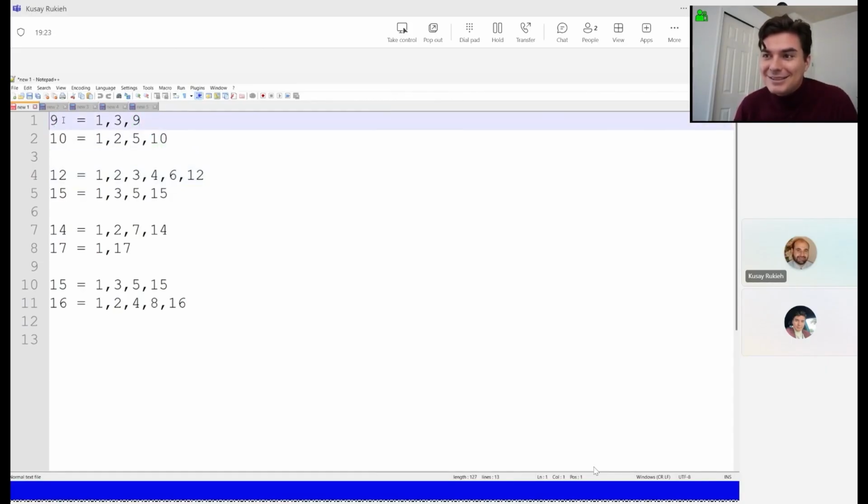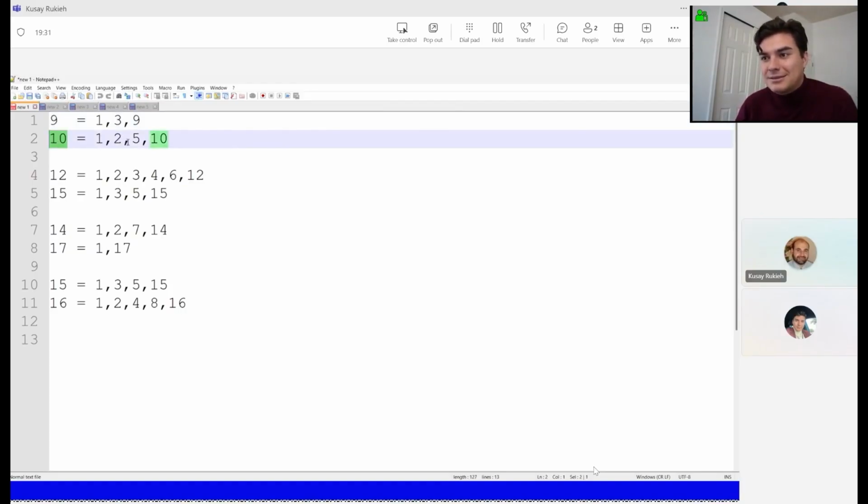For 9, the factors are 1, 3, and 9. For 10, the factors are 1, 2, 5, and 10. How many factors do they have in common between 9 and 10? Only 1. If they share one and only one, the number 1, that means they are coprimes.